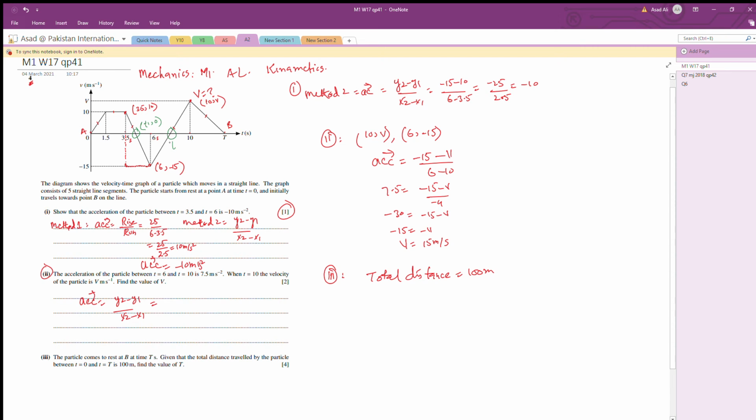This point is t2, and y is 0 because y is always 0 on the x-axis. Here acceleration is minus 10, here acceleration is 7.5. Now I'm using acceleration at these two points, with this technique, to get those points t1 and t2. Look how to do it.